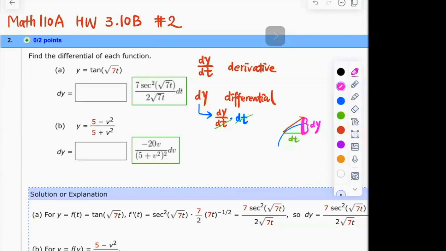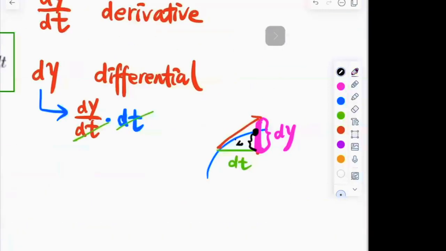That's dy. Now, how is it different from delta y? Delta y is the change of y along the curve. This part here is delta y, from here to here, when you move from this point to this point.